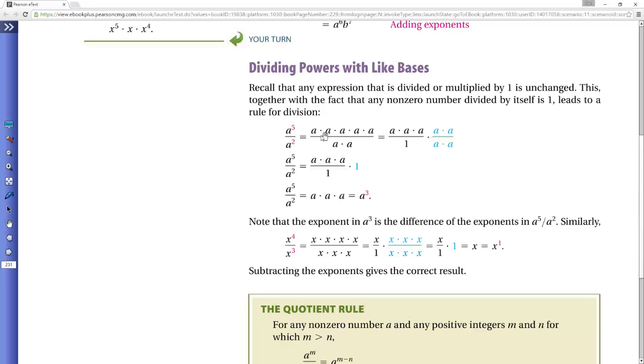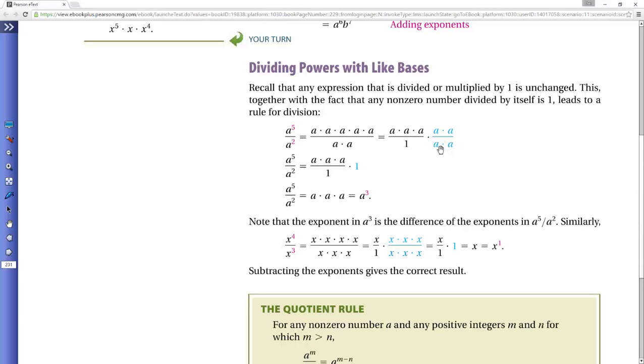They say, well, I could rewrite this fraction as two fractions. One is a times a over a times a, and the other is a times a times a over 1. Well, why do they do that? Because I made a new fraction out of that that's equal to 1, and I get this new value. Well, this is the same process you go through when you simplify fractions.